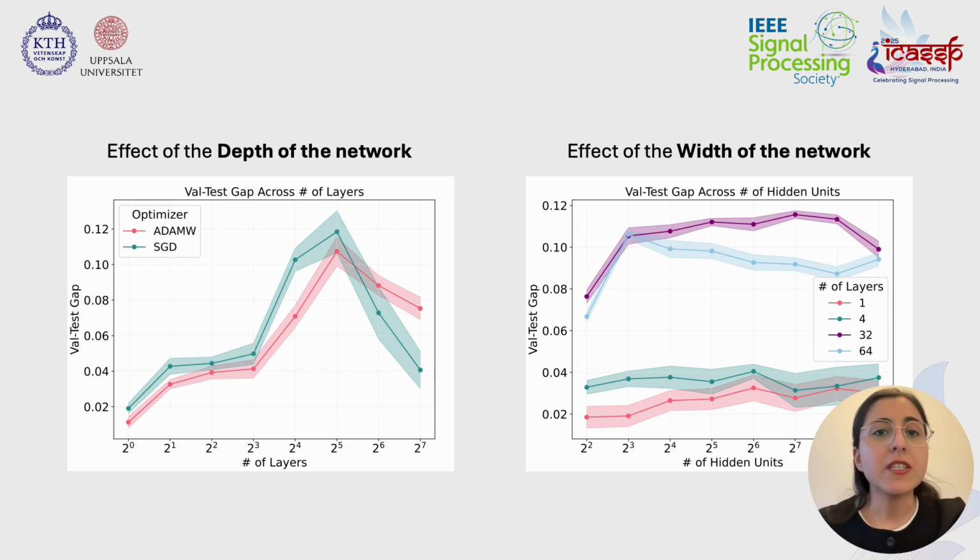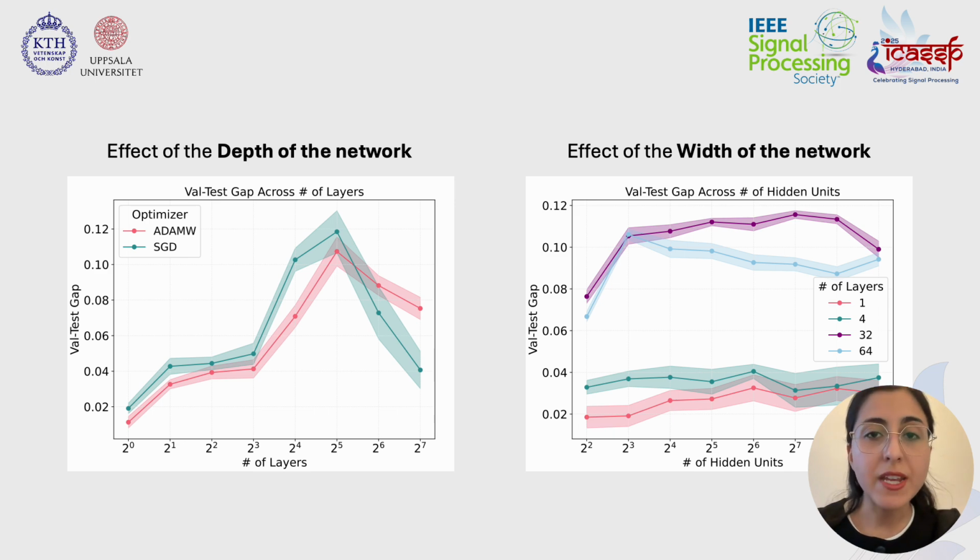Also, in this slide, we looked at how network depth and width impacted the validation test gap. So depth matters more than width, as you can see in the left side figure. As we increase the number of layers, the gap between validation and test performance got bigger, meaning deeper networks tend to overestimate their true performance even more.